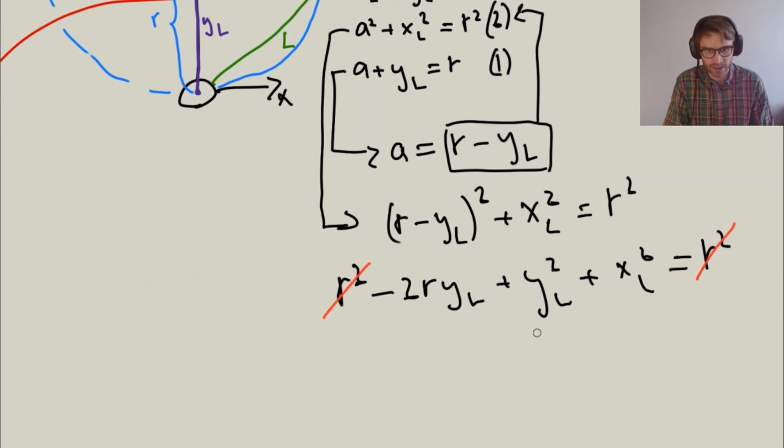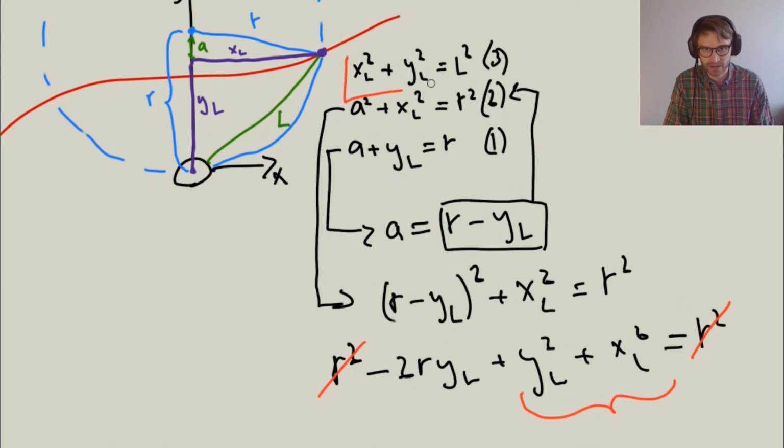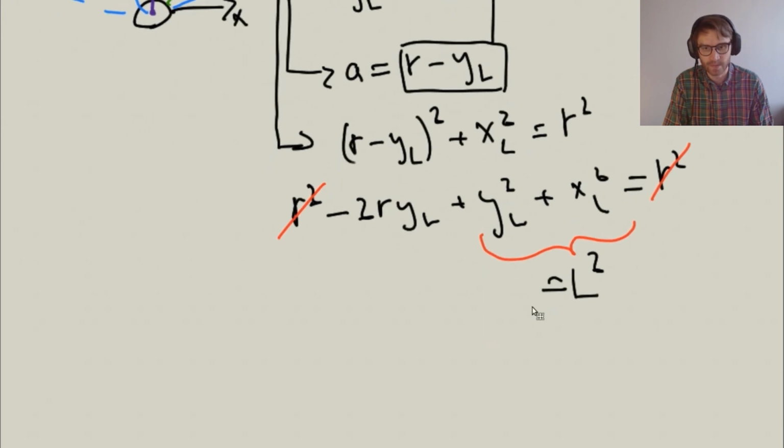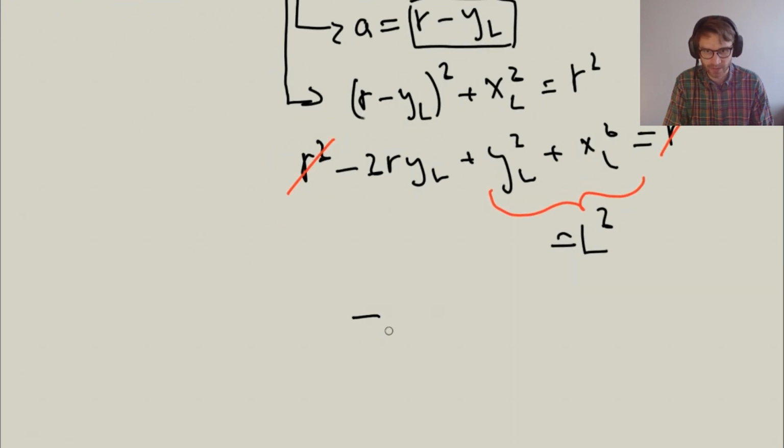And we also know that this part over here, according to this equation here, is just L squared. So we get minus 2 R YL plus L squared equals 0.